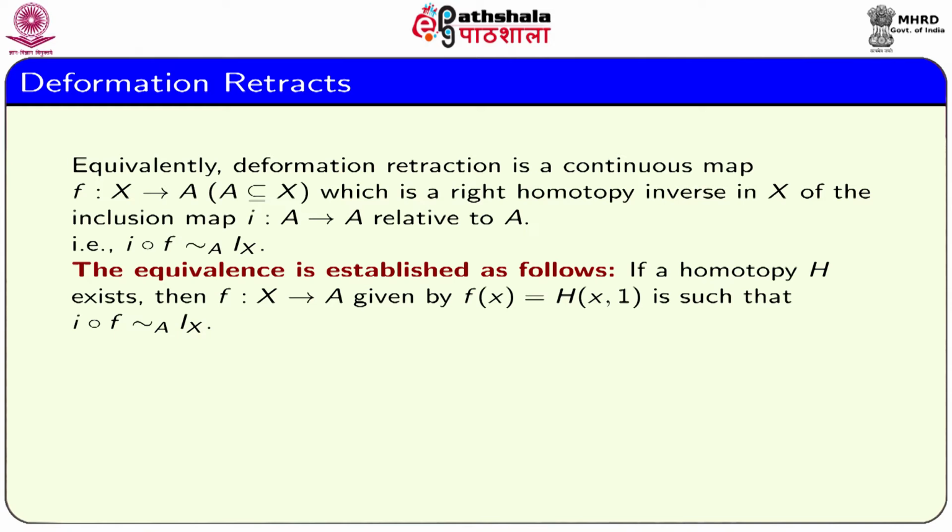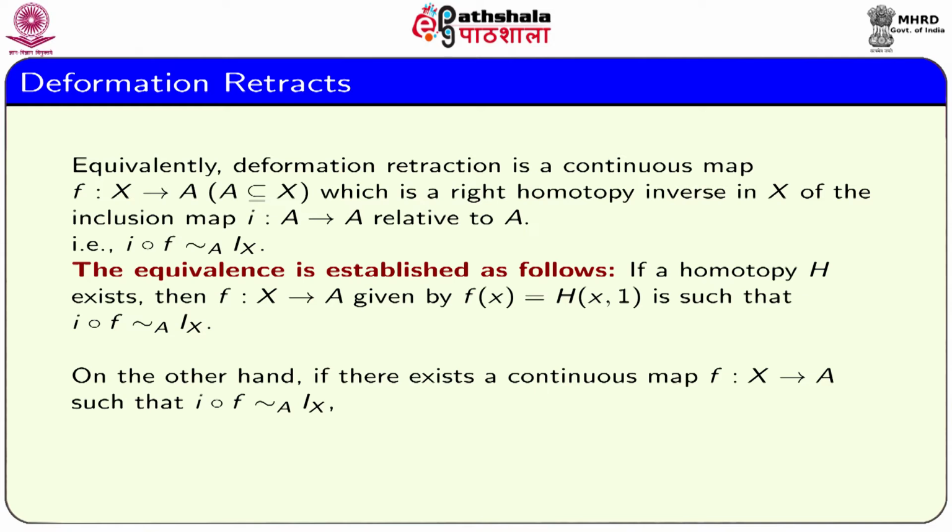Now, how do we establish this equivalence? If a homotopy H exists, then F from X to A given by F(x) equal to H(x,1) satisfies the condition i composed F homotopic to identity.